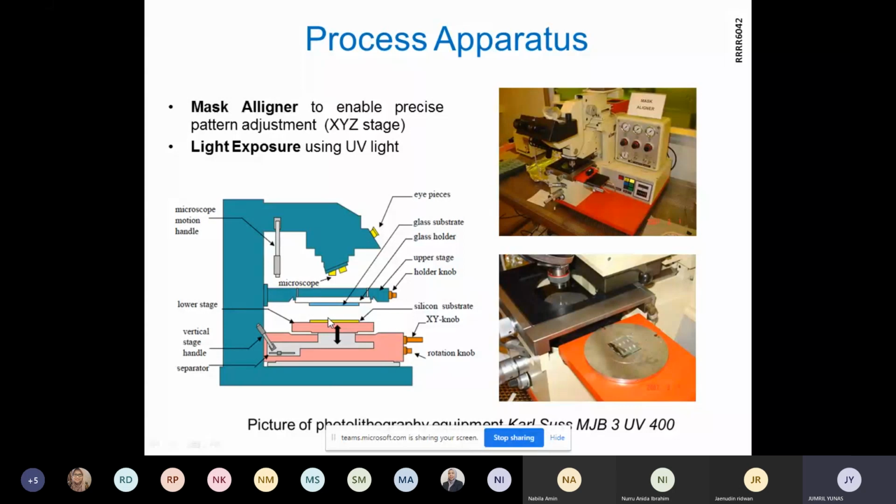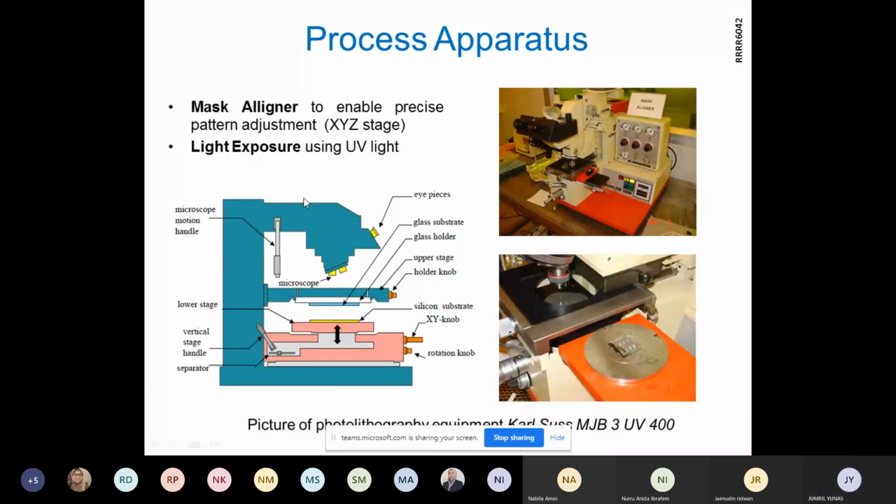The mask aligner is used to adjust the position, because we are creating the pattern layer by layer. That means the first, second, and the next layer should be in matching position. This is very important, especially for multi-layer structures.